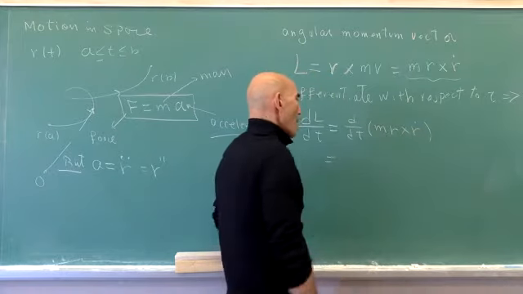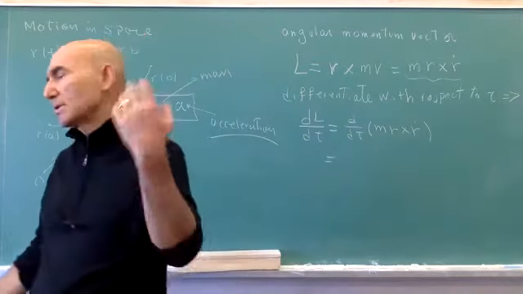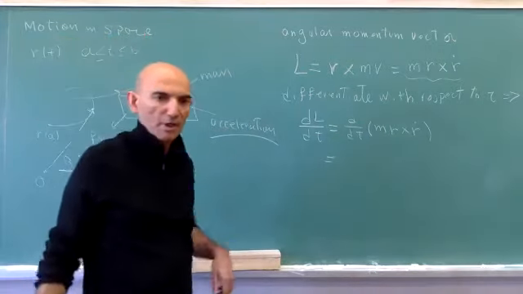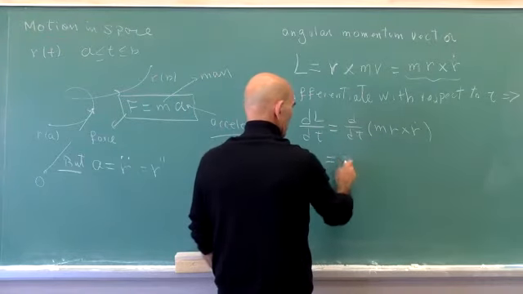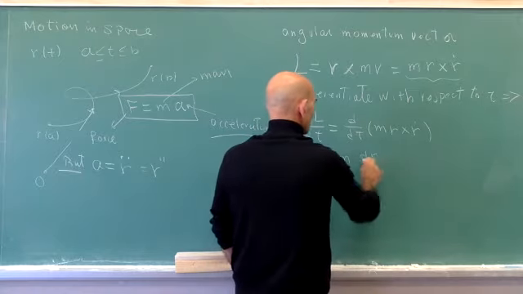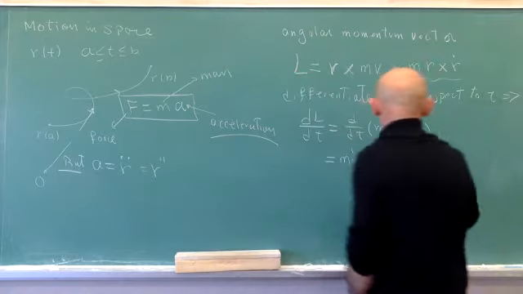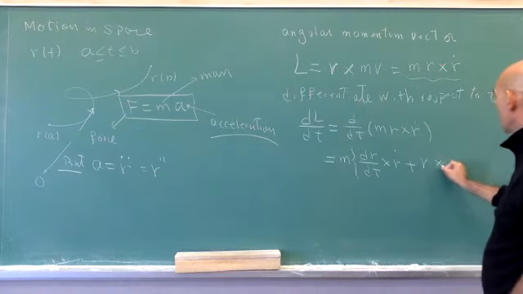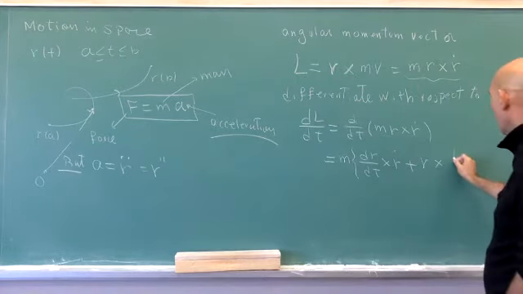Well, we are assuming the mass of the particle does not change in time, which is a reasonable assumption for classical non-relativistic systems anyhow. So that's m, this is dr/dt cross r dot plus r cross d r dot/dt, right? That's the Leibniz rule again.